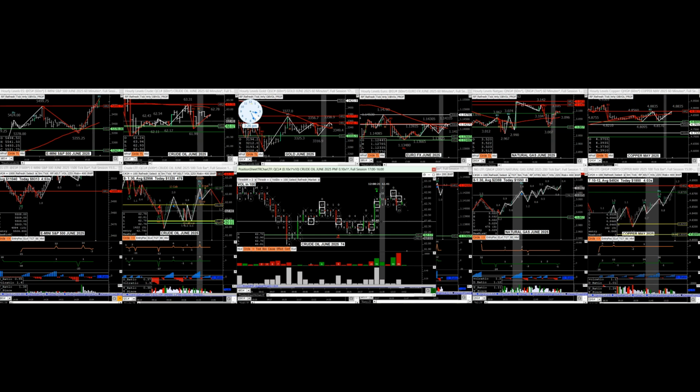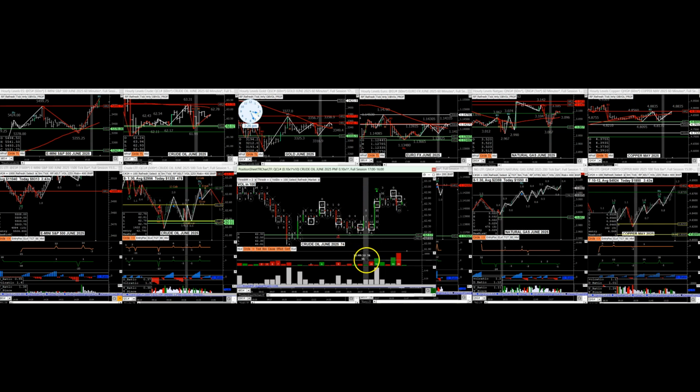When buying pullbacks and you're looking for reaccumulation, you want to see two things. The first is effort reward, which will be identified by high volume and the lack of price distance.